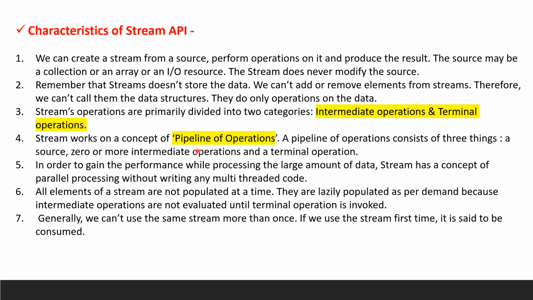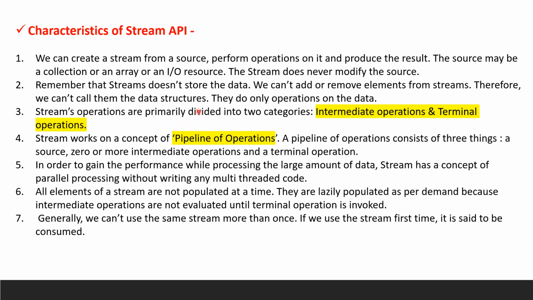These are the important points we have to remember about the Stream API. We can say these are the characteristics of the Stream API. First, we can create a stream from any given source, perform operations on it and produce results.